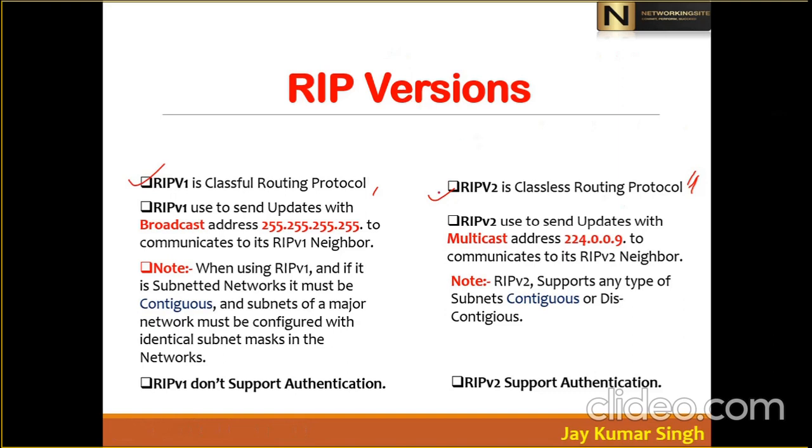And RIP version 2? What is classful routing, what is a classful route, what is a classful IP? Tell me. The classful ID is like a broadcast address. No, no, no. Let me explain to you.